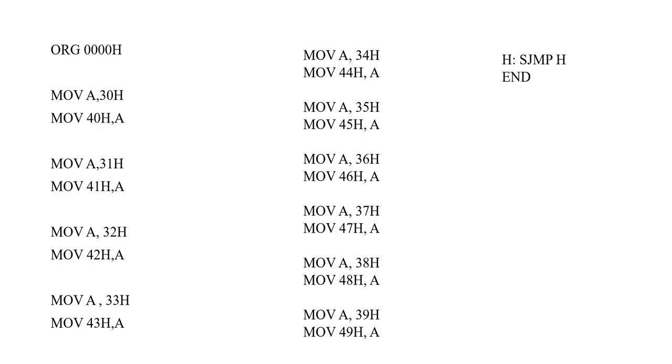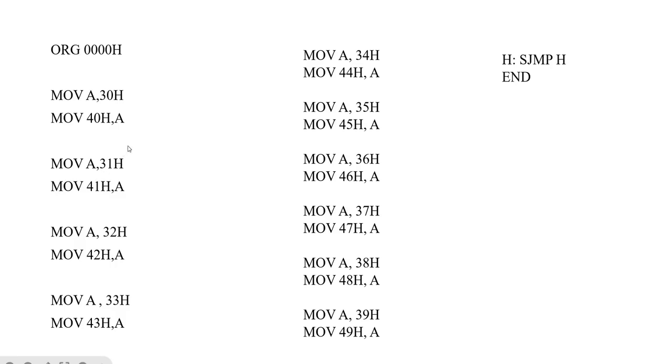Next here, we'll use these two instructions in order to load the data which is stored in 31H memory location to 41H memory location. Now here we are using the accumulator again to transfer or load the data.